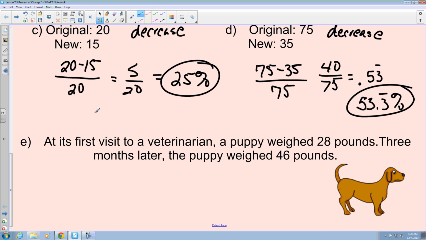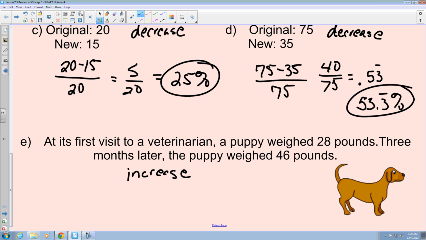Last example here, it says, at the first visit to a veterinarian, a puppy weighed 28 pounds. 3 months later, the puppy weighed 46 pounds. So this was an increase in weight from the first visit to the next visit, and I want to know the percent of change.